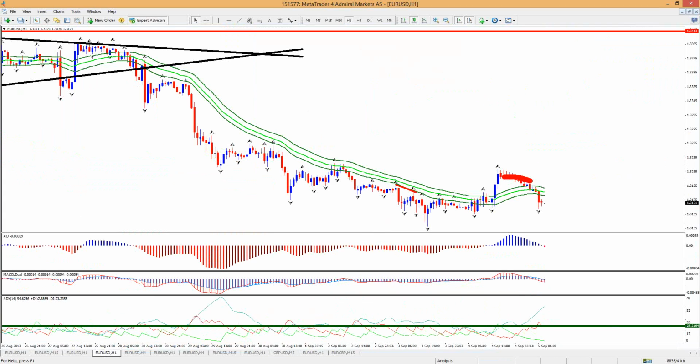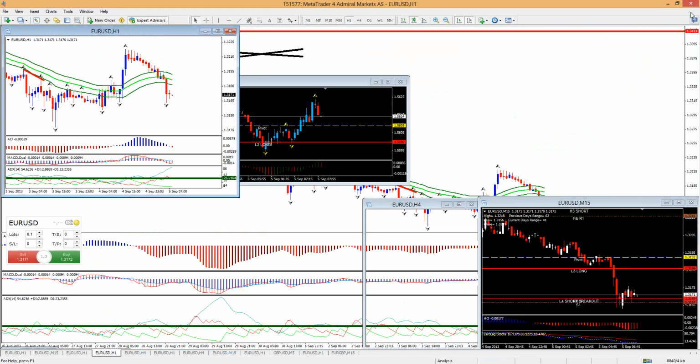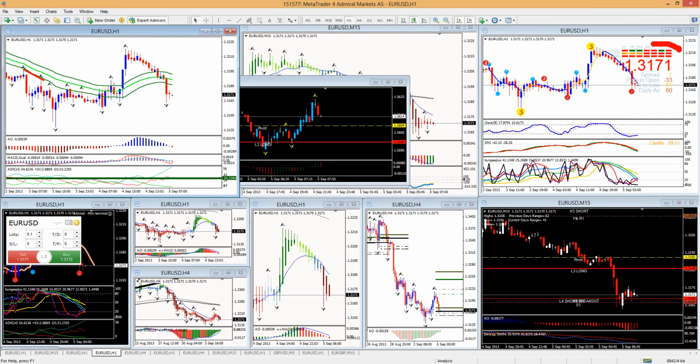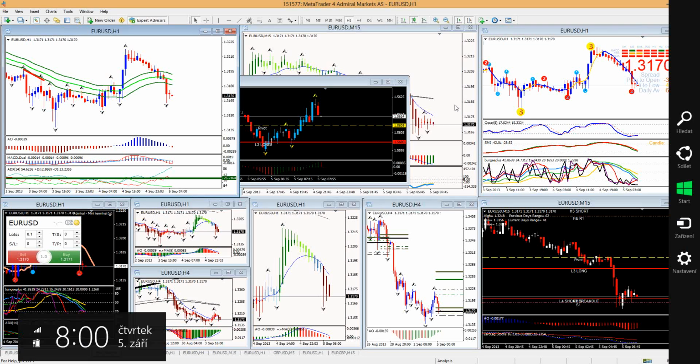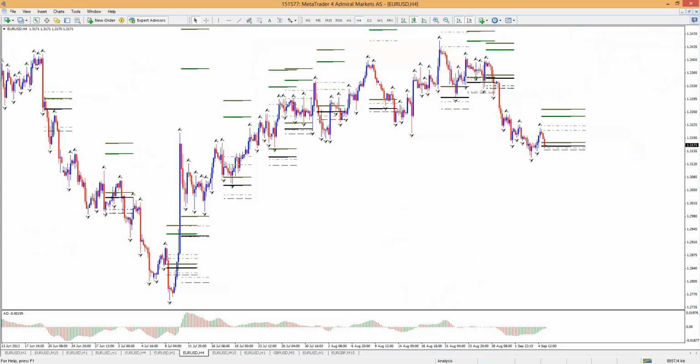Pretty strong down move so far here on the 1 hour chart. Our oscillator here in the top right corner, those oscillators on all time frames are red. And on the 4 hour chart, in fact, the Fibonacci confluence has moved down to lower spots, and we're right at a support level as well.